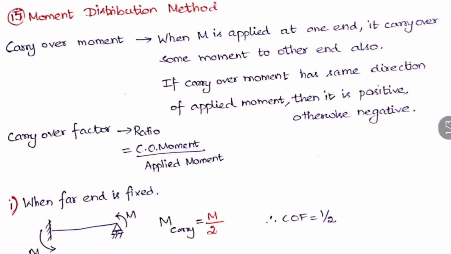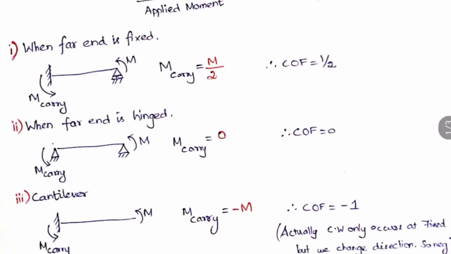Now we will see these things for different types of frames. In the first case, the far end is fixed. Always take the end where we are applying the moment.